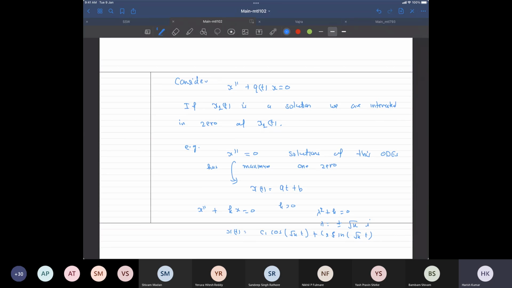So you can see that the solution is fairly oscillatory, right? Depending on the values of C1 and C2, it will have infinitely many zeros, right? Agree? Yes, sir. And now you can see that by only looking at the value of q, you can immediately start saying that when q is greater than 0, you will have oscillatory solutions. When q is 0, we'll have only a linear solution.